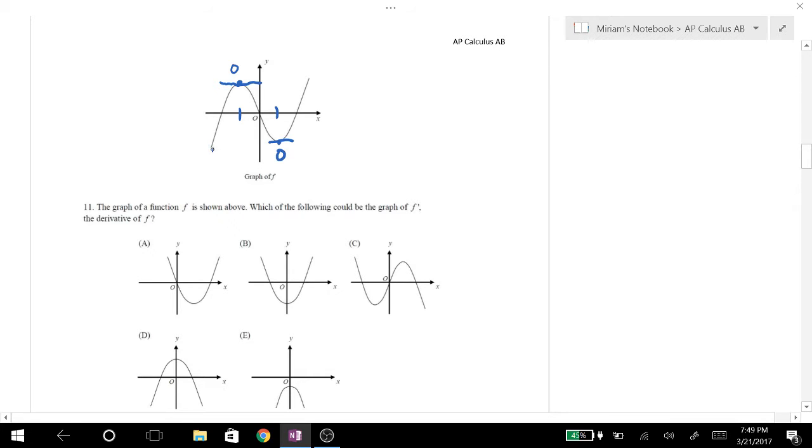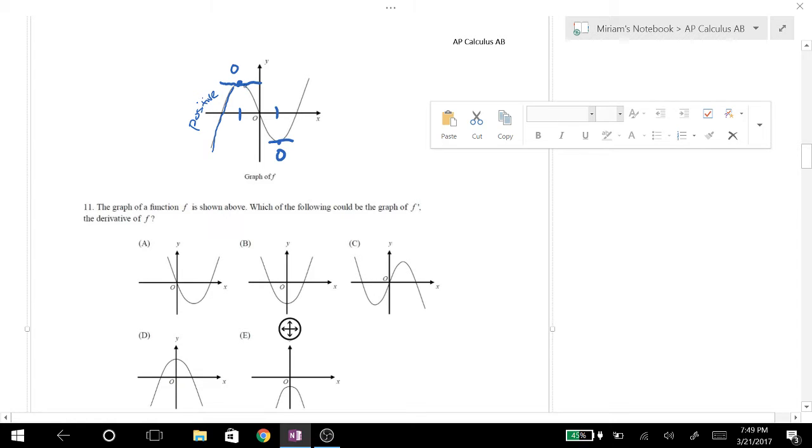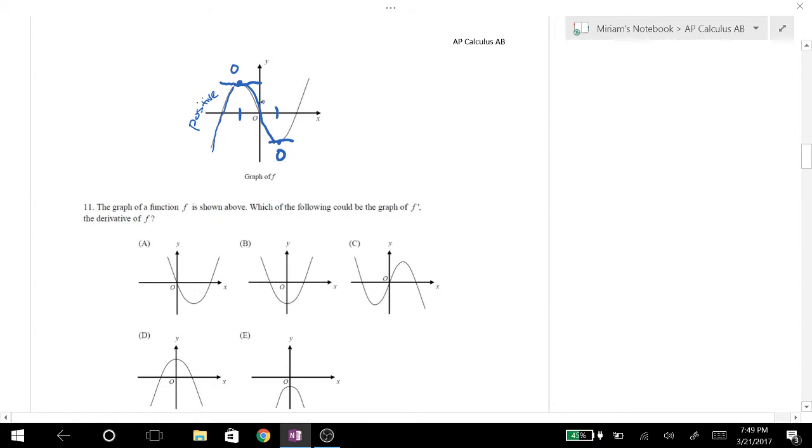Okay, and then this part I'm increasing, so the derivative is positive. I am decreasing, so this has to be negative. And I'm increasing again, so this has to be positive. So if I sketch my derivative, I know it's going to hit 0 here and here, just like we said, 0, 0.